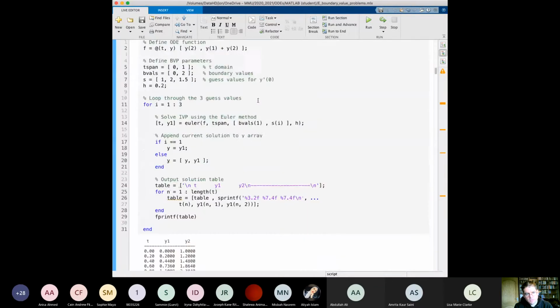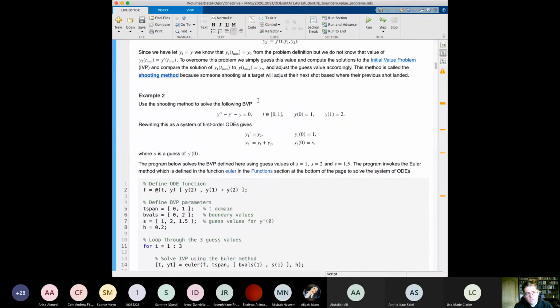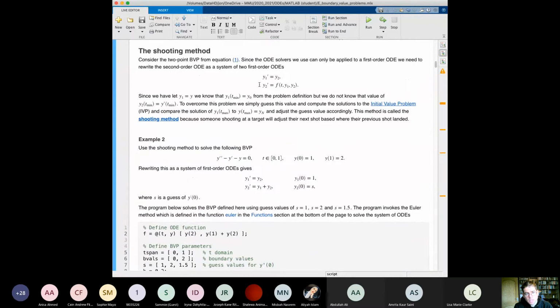Going back to the shooting method, we know our initial value of our first equation here. We do not know what the initial value is of y2. So what we do is we simply guess it. We guess what our initial value is for y2, and then apply our methods to solve it.